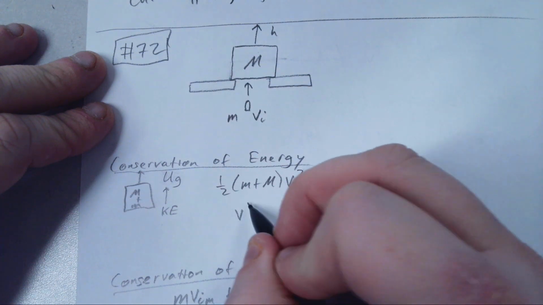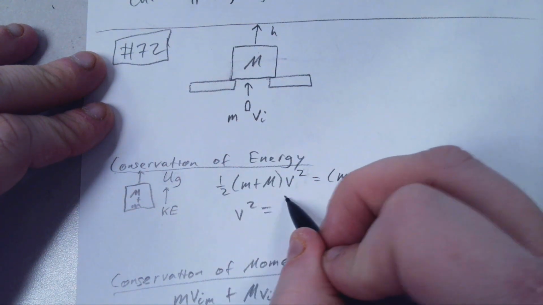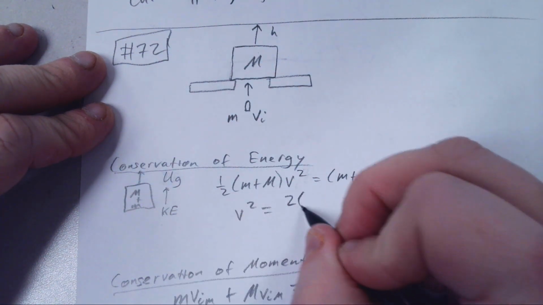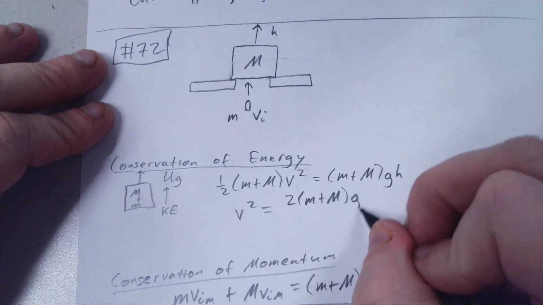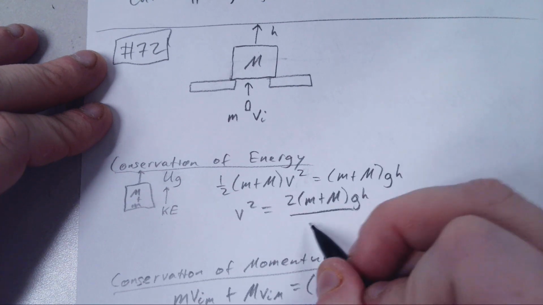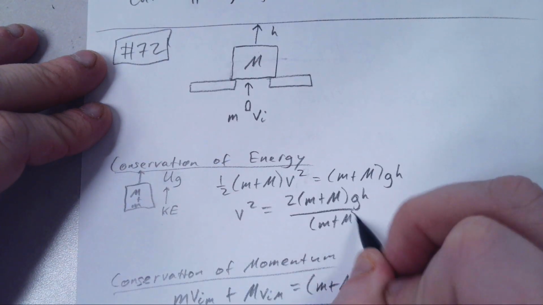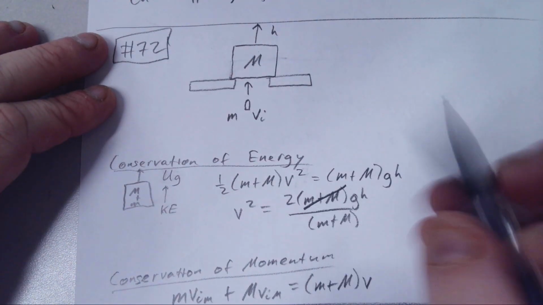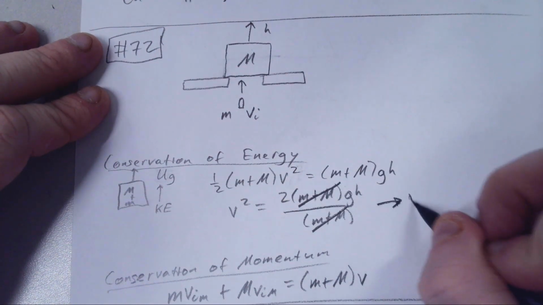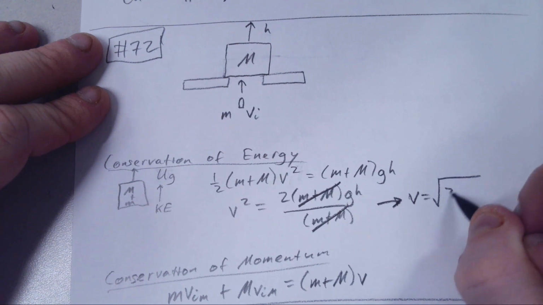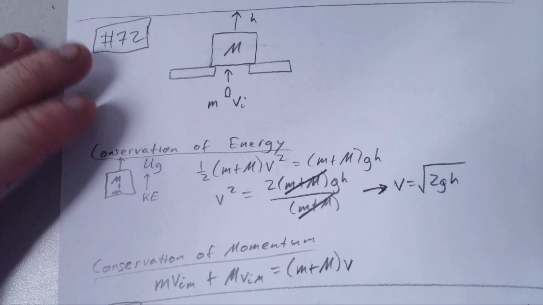We get v squared equals 2 times the quantity m plus big M, times gh, divided by the quantity m plus big M. What cancels out is the combined mass, and we end up with v equal to the square root of 2gh.